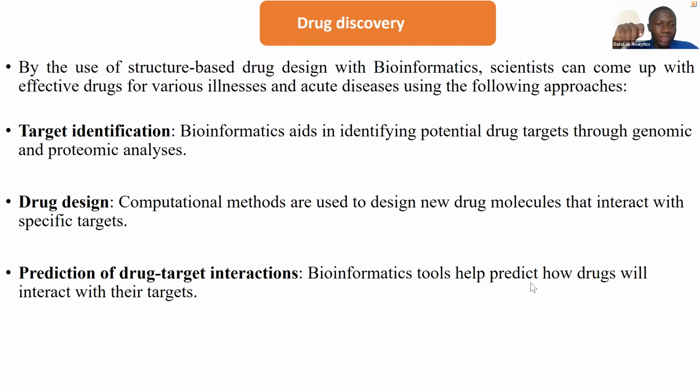You want to be very sure that these same drugs will fit into the target and be able to unlock the target, and cure disease via unlocking the target. So these are some aspects of the drug discovery process where bioinformatics is really very important, and you can leverage bioinformatics to solve some of these problems.